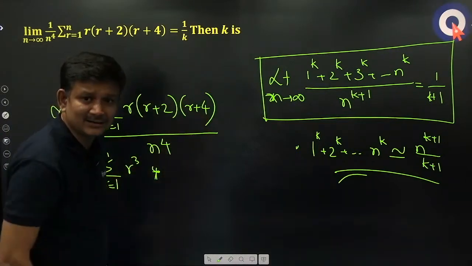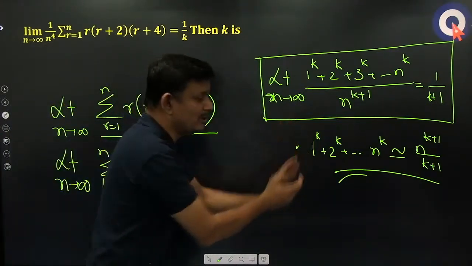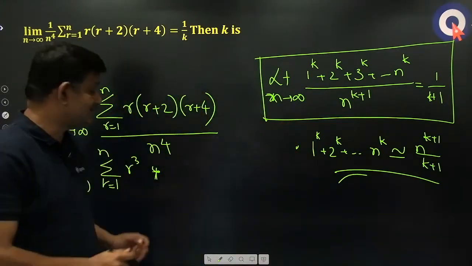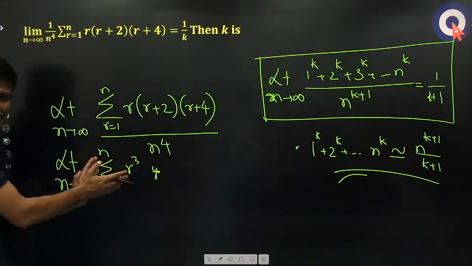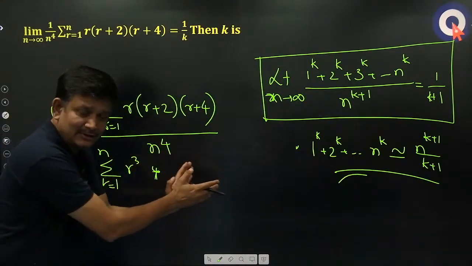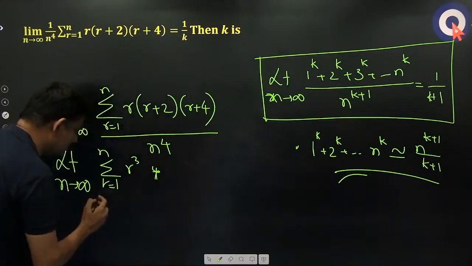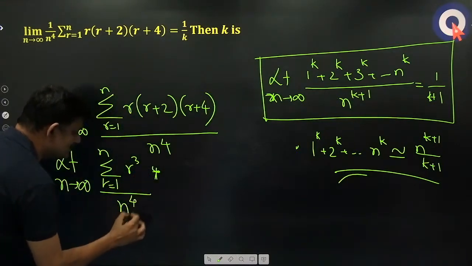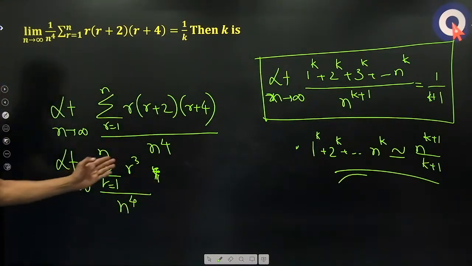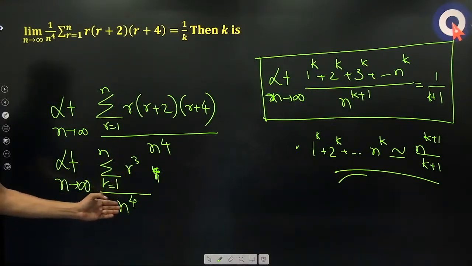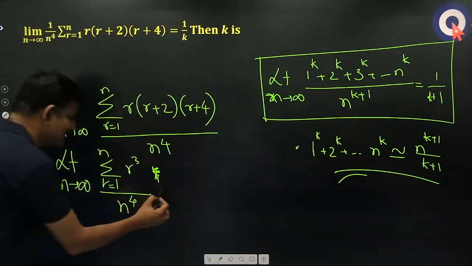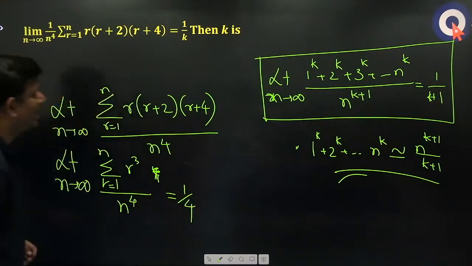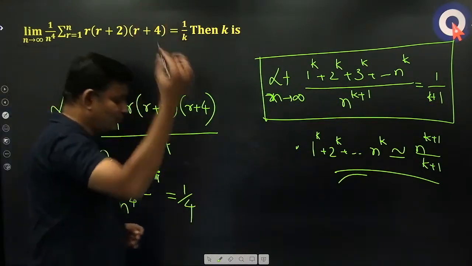Similarly, sigma r will be equivalent to n square. As you can see, n power 4 is here; will n square even matter? No. So this question is simply sigma r cube by n power 4, whose answer is 1 by 4. As simple as that. k is 4 for you.